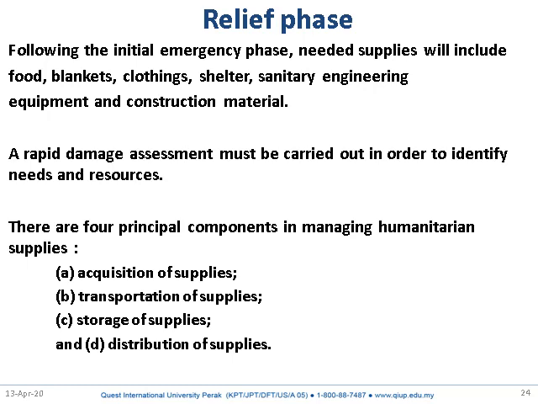Then four principal components in managing humanitarian supplies. Acquisition of supplies. They have to get supplies from different places in the world. Transportation of supplies from the airport, from the port, to the disaster site.